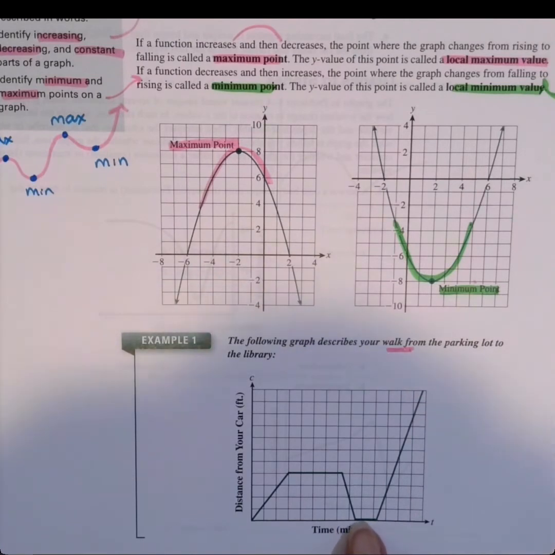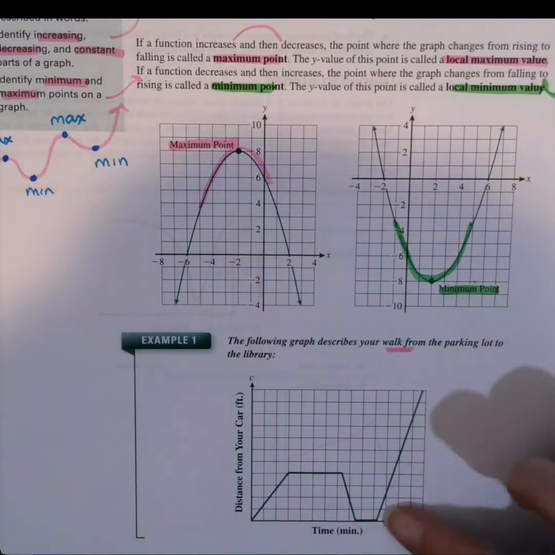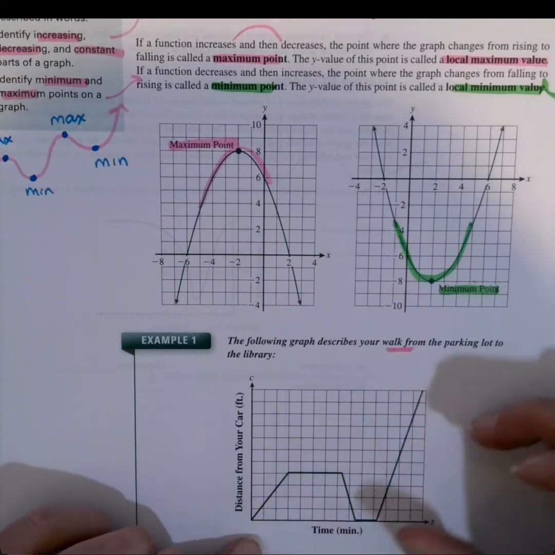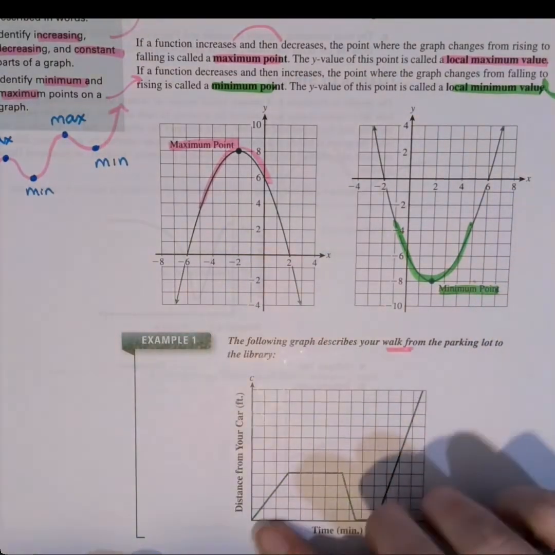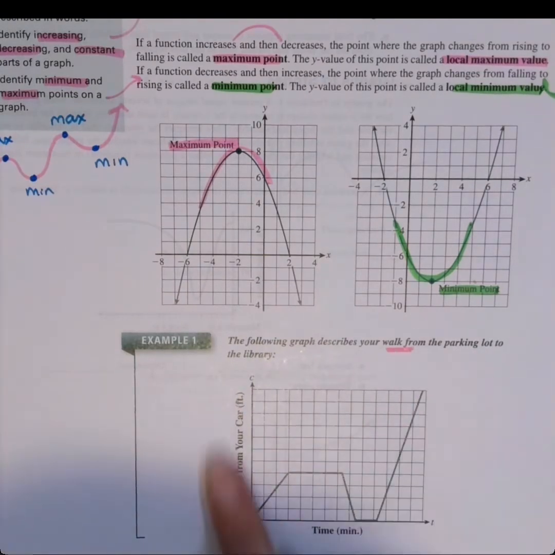It's also 0. So I'm at my car for a little bit of time. And then I leave my car and I head all the way to the library. But if you look at this segment here compared to this segment here, it's steeper. So that means I head to the library more quickly than when I first left, because maybe I'm late. So that's a lot of information that I can tell from this little story right here.